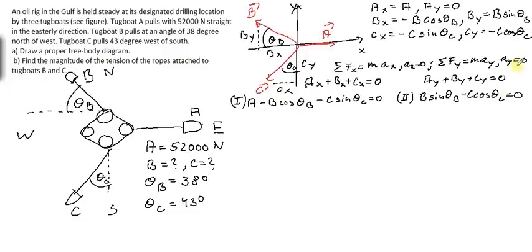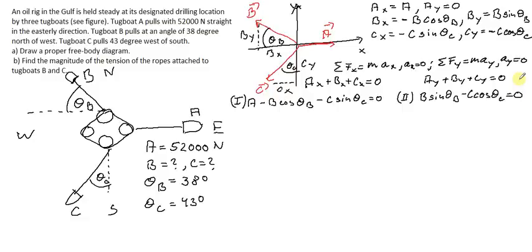So we have now two equations, and there are two things which are unknown, the magnitudes B and C. Everything else is known. We know A and we know the two angles. Two equations, two unknowns, so we should be able to solve that.